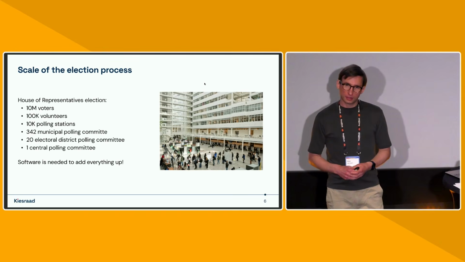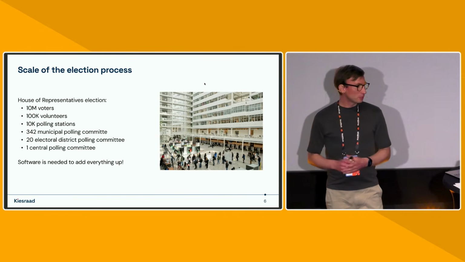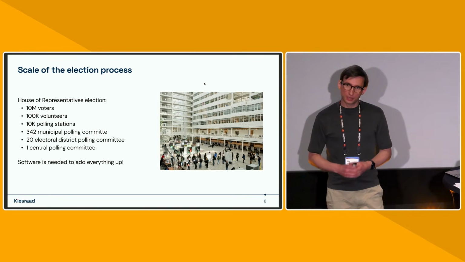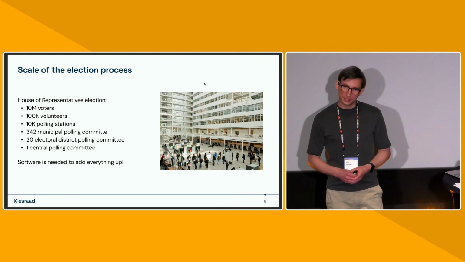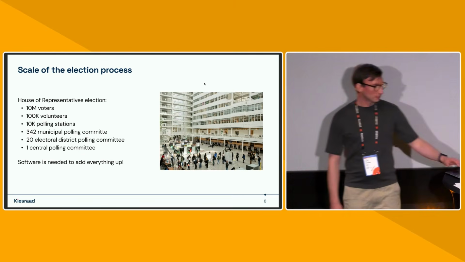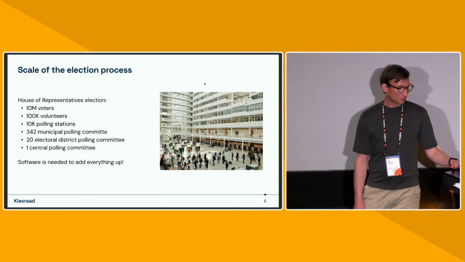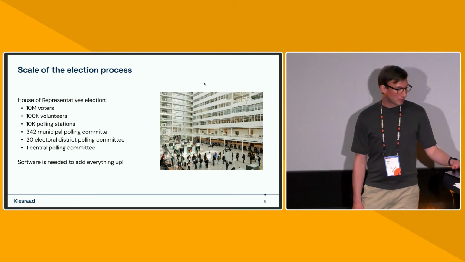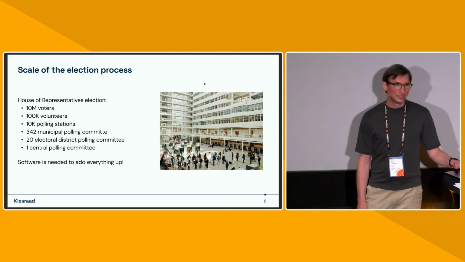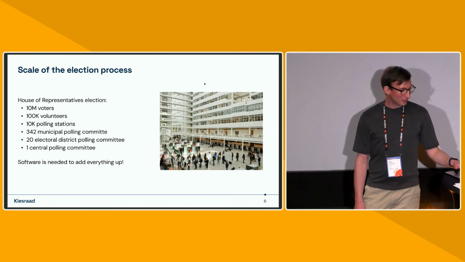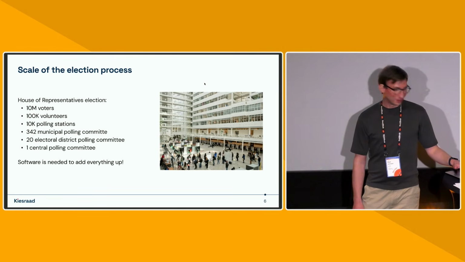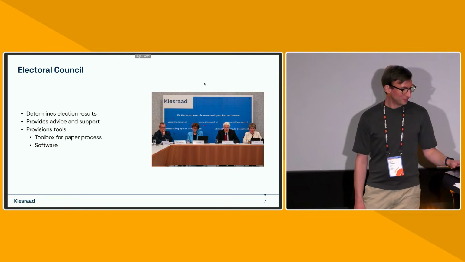And then finally, everything from those 20 electoral districts gets added up at the central polling committee to get the results for the whole country. And you can imagine that's a lot of paperwork, it's a lot of work, lots of numbers. So we use software to add everything up without making too many mistakes. Of course, you could do it by hand, but I don't think it's going to be less error prone, or it's not going to end well.